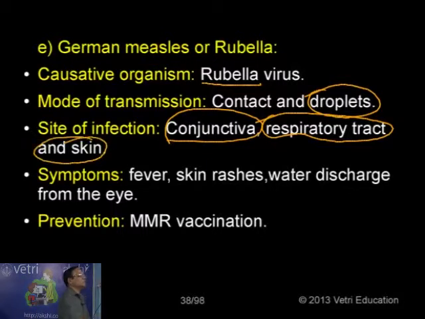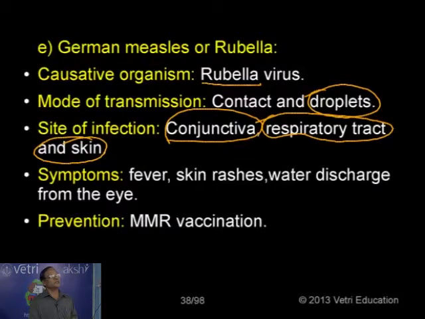You develop the skin rashes. That is why there are three different places where we have the infection: the conjunctiva, the respiratory tract, or the skin. As in the case of measles, it is also associated with fever and watery discharge mainly from the conjunctiva, the eye region. This is because of the infection and inflammation of the conjunctiva.